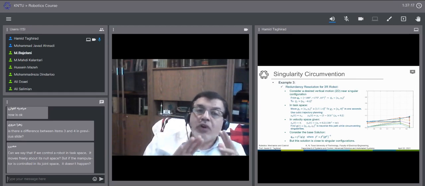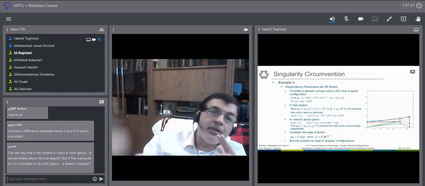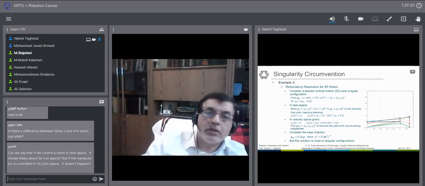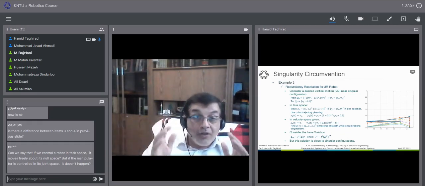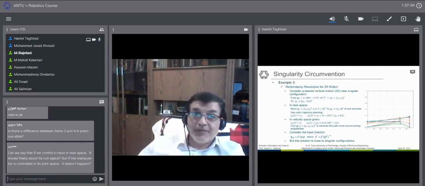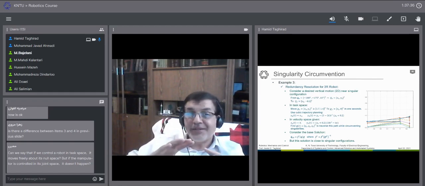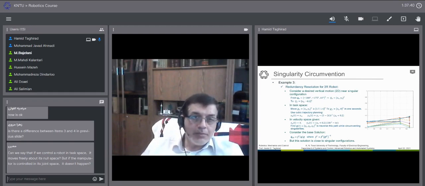So regardless of what we would like to have in the task space, we map it into the Q space, and then we work on the Q space, the joint space. This is officially true for serial manipulators, not for parallel manipulators. For parallel manipulators, this is exactly the inverse. But for serial manipulators, we work in the joint space.